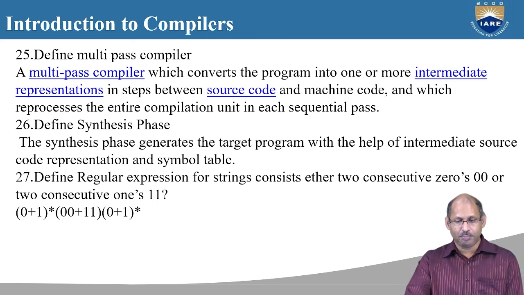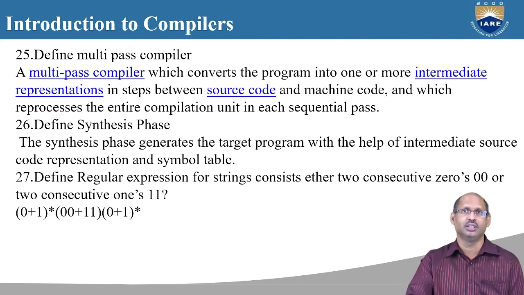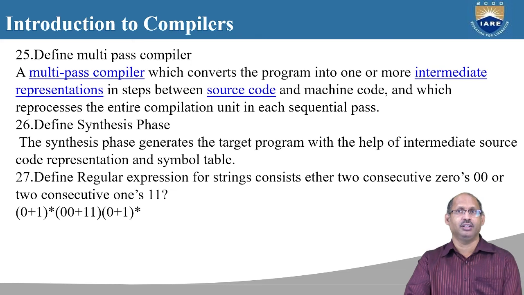A multi-pass compiler converts the program into one or more intermediate representations in steps between the source code and machine code, and reprocesses the entire compilation unit in each sequential pass. So a multi-pass compiler converts the program into one or more intermediate representations in steps between source code and the machine code.